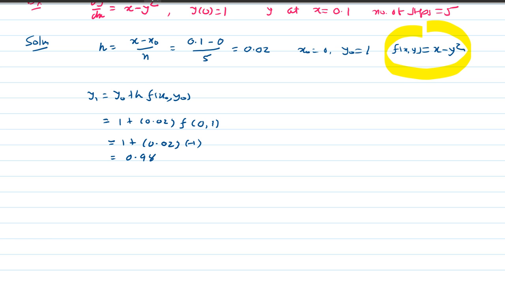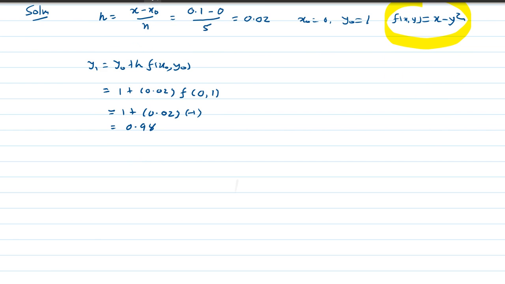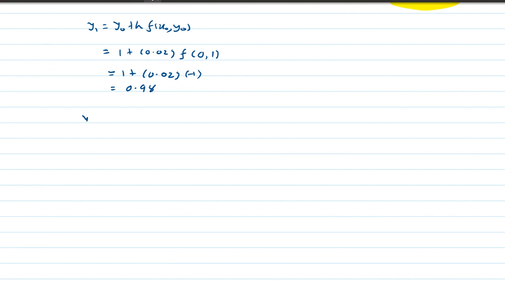Now we will find y2. For y2 I go to the formula again: y1 plus h times f of x1, y1. y1 we have got as 0.98, h is fixed at 0.02, and x1 is nothing but x0 plus h, which is 0 plus 0.02.